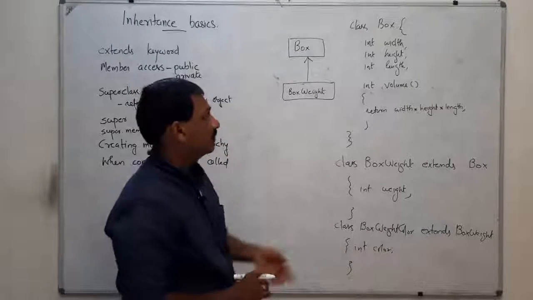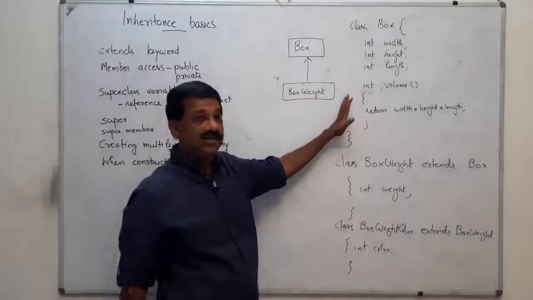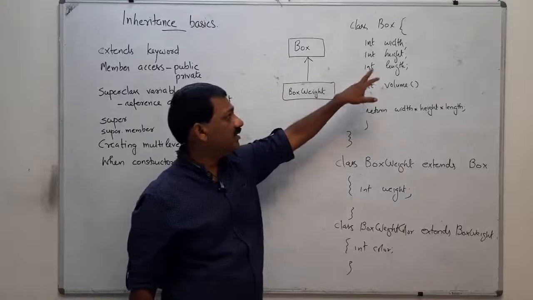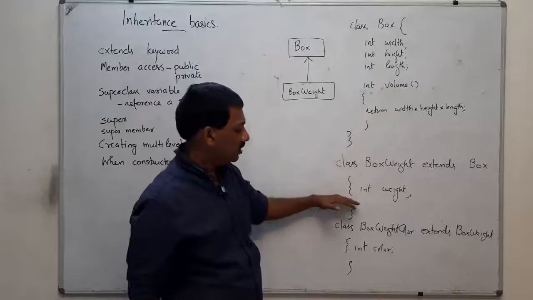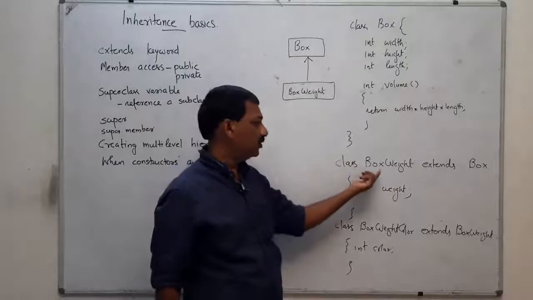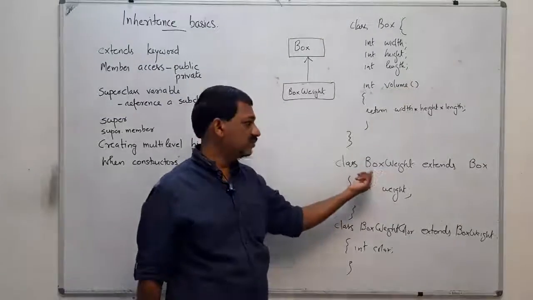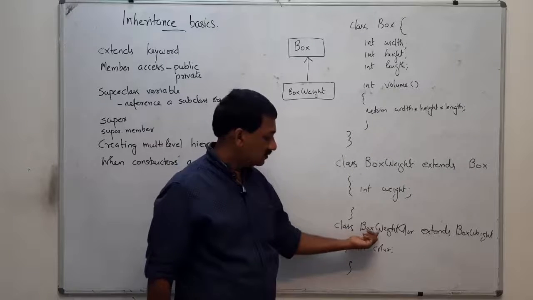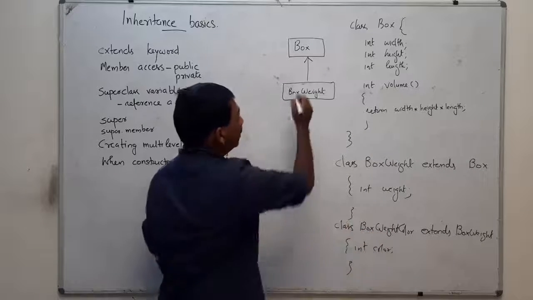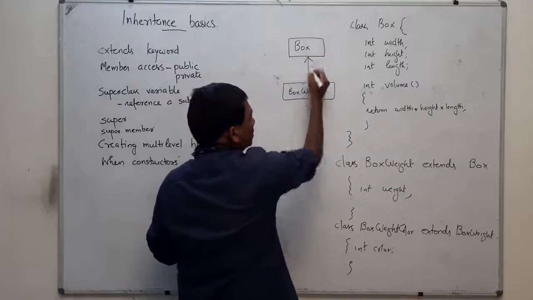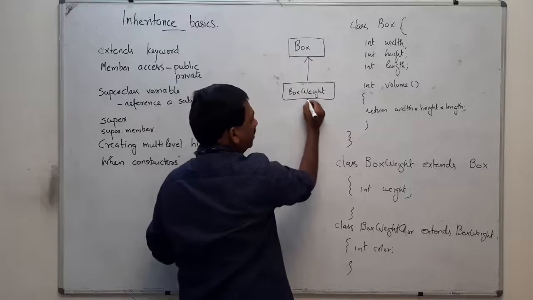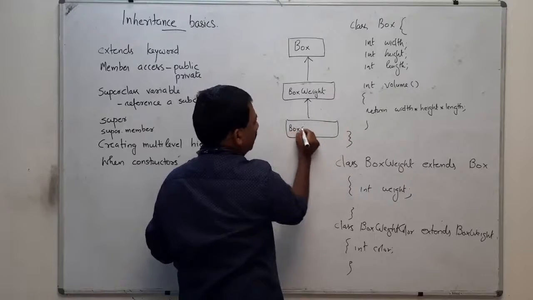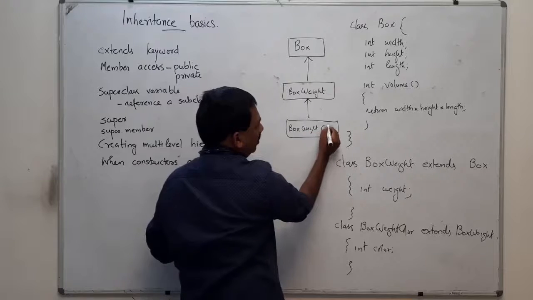Now what is this? The base class is box and that base class has three properties: length, width and height. You have included one more property, and for that you have created another class, which is box weight, a box with weight. And here this is a box with weight and color. That means we are inheriting box, this is box weight, and you are going to create another subclass which is box weight color.